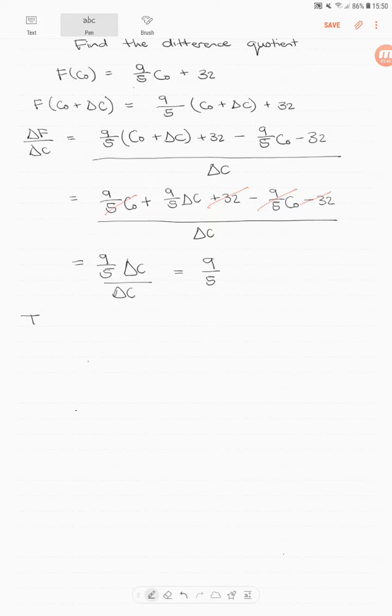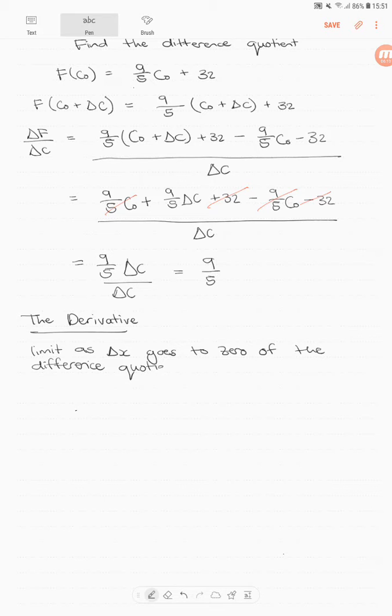So how do we get the derivative? The derivative is the limit as delta x goes to 0 of the difference quotient. We indicate this by the limit as delta x tends to 0.